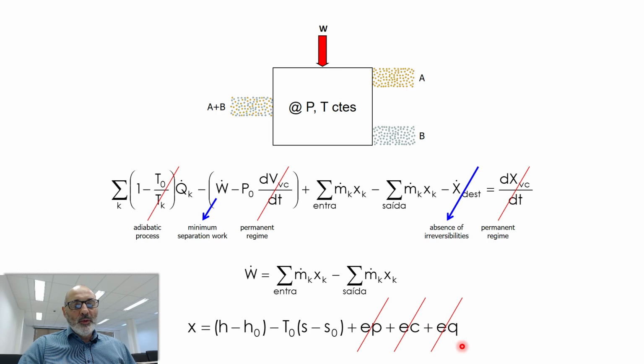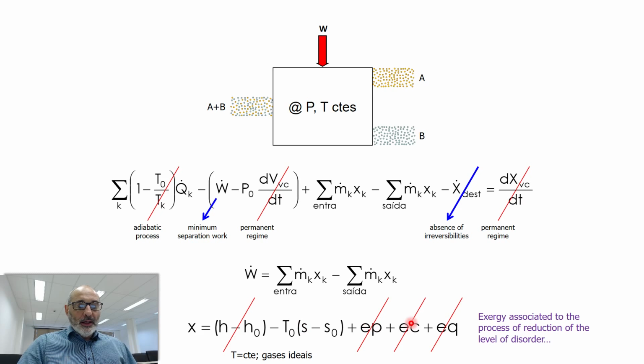Next week or next class, we're going to see chemical exergy. That's the subject of next class, okay? So we remain with these terms, and this is the definition of flow exergy, okay?